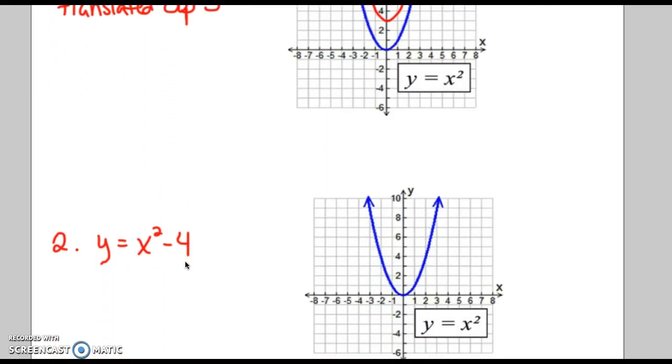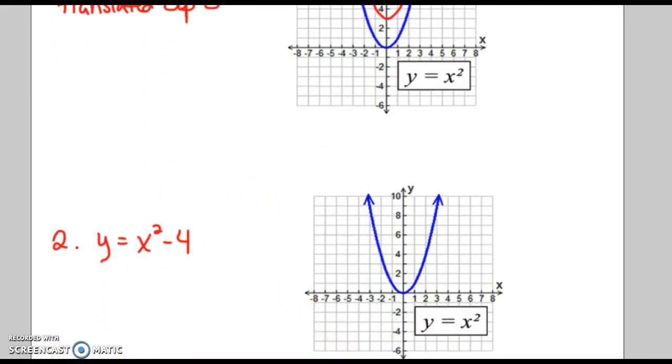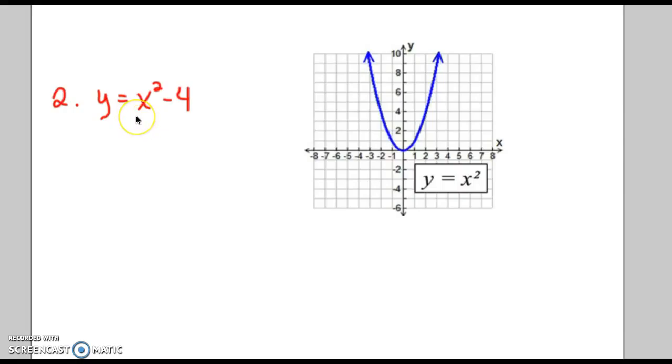Okay, so the second example, we have y equals x squared minus 4, and so we know that it's a minus 4 this time, so it will now be translated or shifted down 4 units.